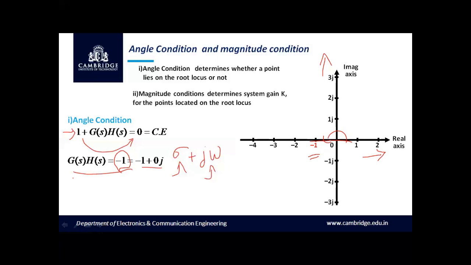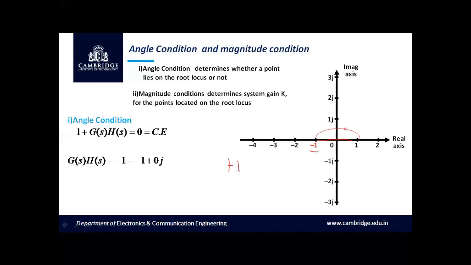If I take the path in the anti-clockwise direction to reach -1 and measure the angle in the anti-clockwise direction, I get plus 180 degrees.